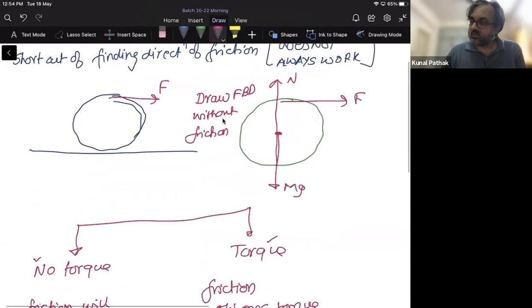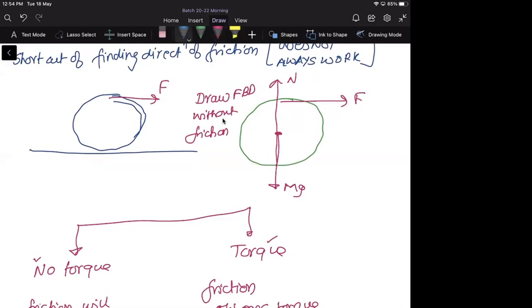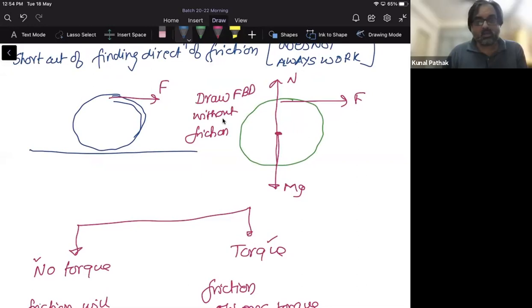So in this case that I've drawn, in the absence of friction, is there torque or no torque? In the case that I've just drawn, is there a torque on the FBD or no torque? There is a torque. So if there is a torque, then is it clockwise or anti-clockwise?